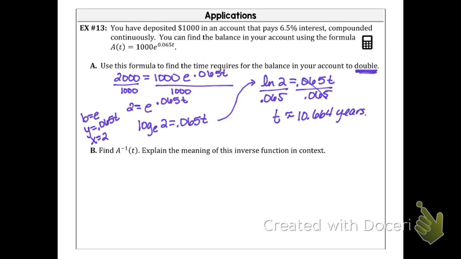B says to find the inverse and explain the meaning of the inverse function in context. All right, so to find the inverse, we know our equation is y equals 1,000 e to the 0.065t. So to find the inverse, remember we switch the x and y.